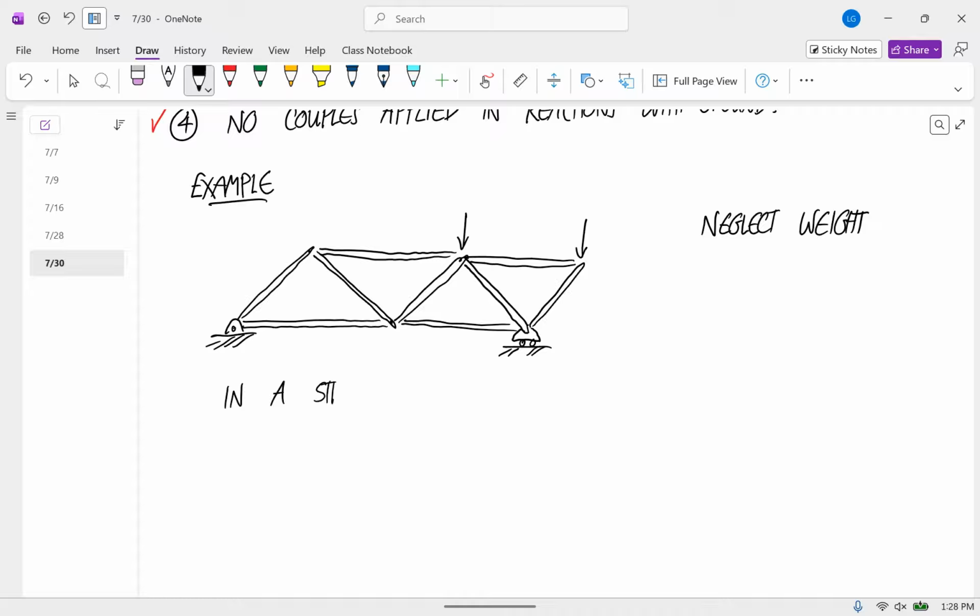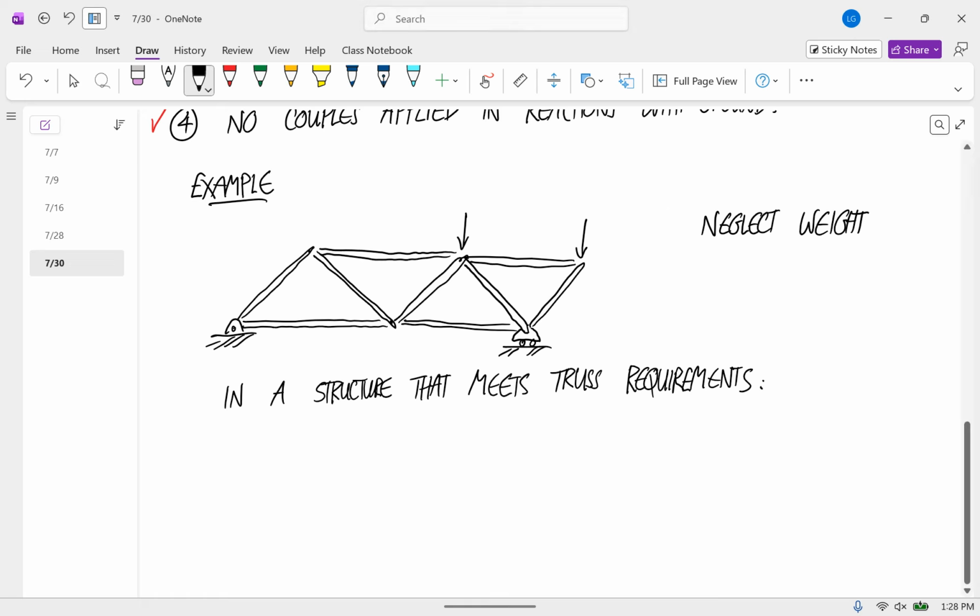In a structure that meets the truss requirements, we're going to treat every member as a cable.